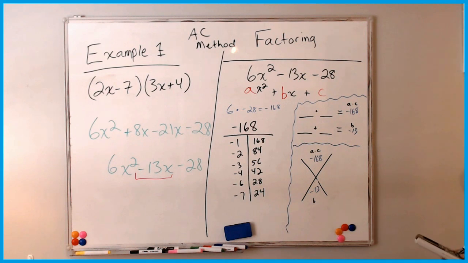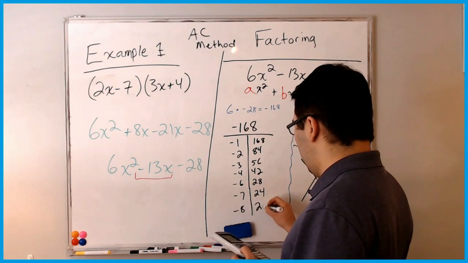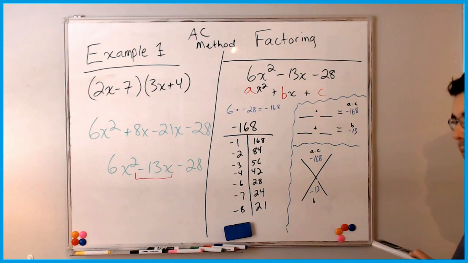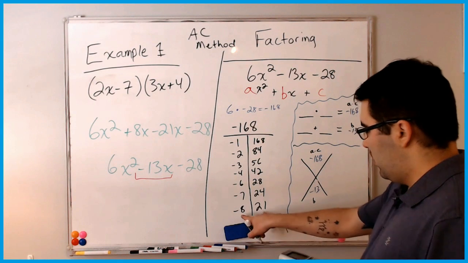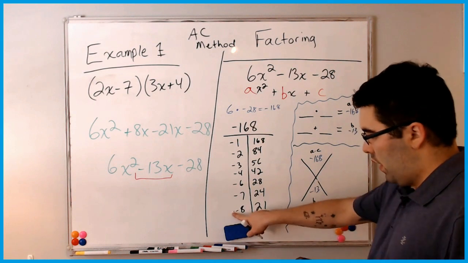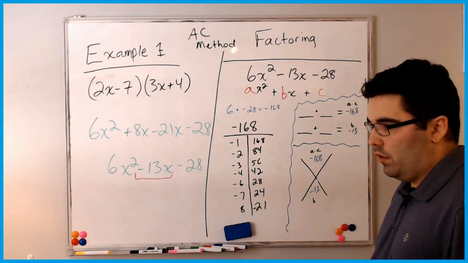168 divided by 8 is 21. Negative 8 and 21 is how I do it. But if I add negative 8 and 21, I get positive 13. I need negative 13. So actually, it needs to be a negative 21.